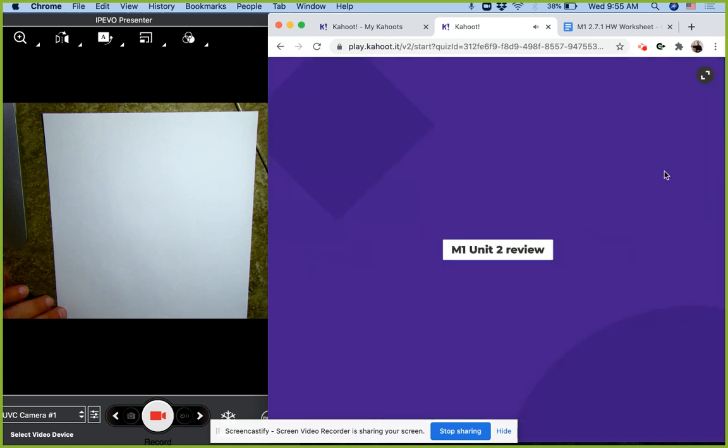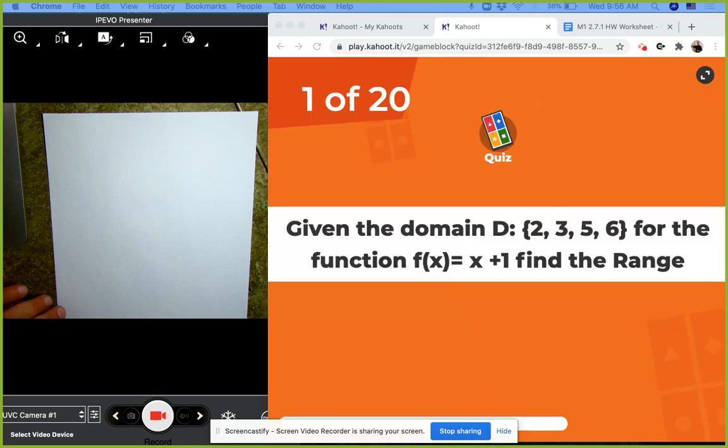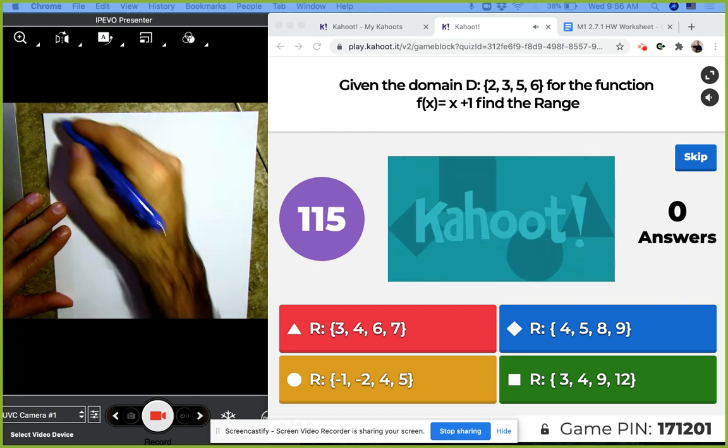Unit 2 review. All right. First question. Given the domain D, and we have 2, 3, 5, 6, for the function, find the range. So some things to remember.